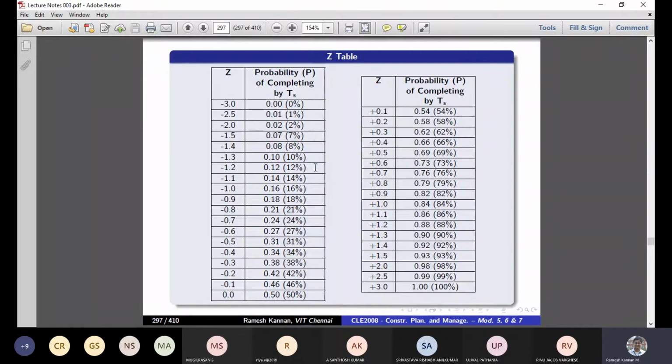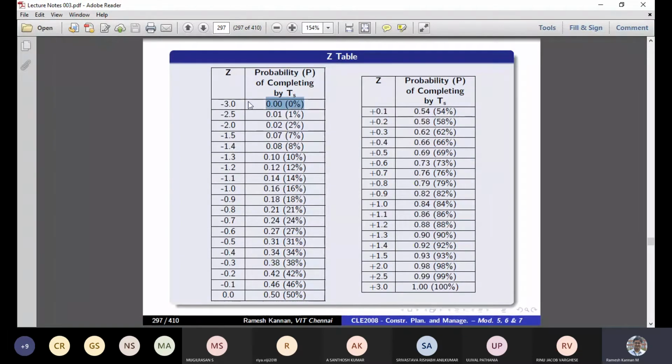This is a typical concise Z table, which is a standard normal distribution table, and minus 3.0 is the least, which is 0.00, which is 0%. Anything beyond minus 3.0, like 3.1 or 3.9 or 4, has only the 0 value.